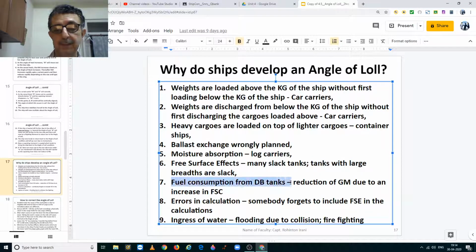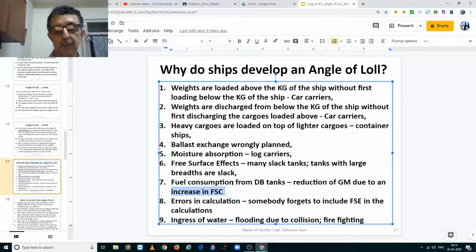Fuel consumption is from double bottom tanks, causing reduction of GM due to an increase in free surface correction. Unfortunately, fuel tanks can never be 100% full. They are loaded up to a maximum of 85%, so that there is some margin for preventing pollution due to any overflow or expansion of oil.